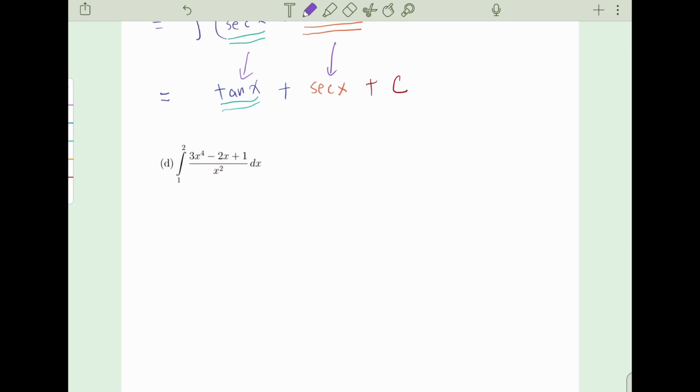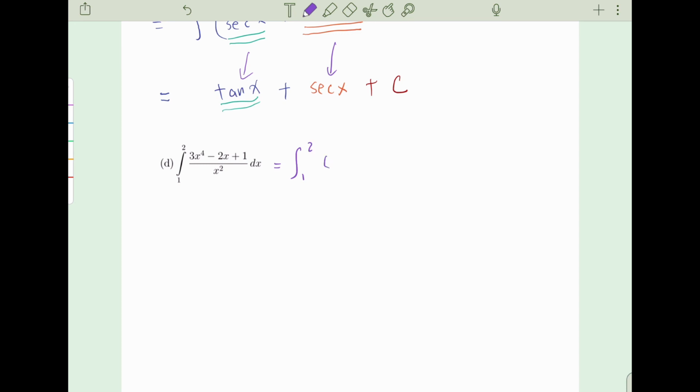For this definite integral, our weapon is the fundamental theorem of calculus. We basically find the indefinite integral first, then plug in the upper bound and the lower bound and do the subtraction.